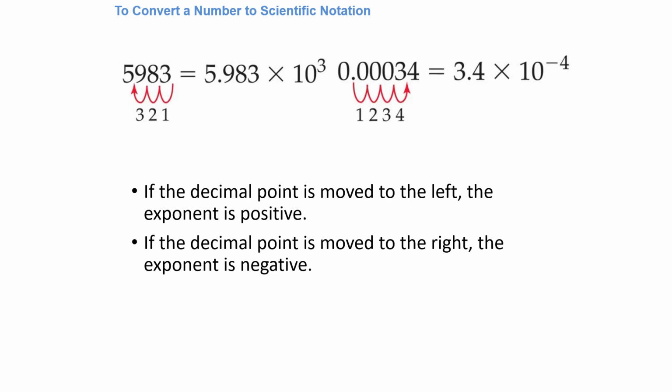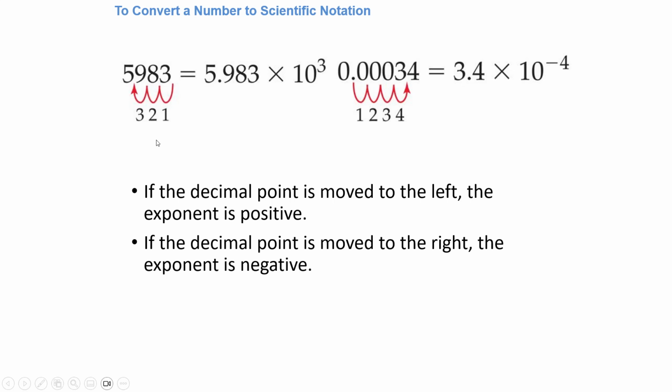So if we want to write 5,983 in scientific notation, the first thing is we have to identify where the decimal point is. In 5983, there is no decimal point, so we're going to put an imaginary decimal point at the end of the number.